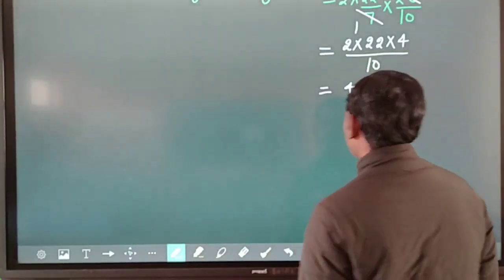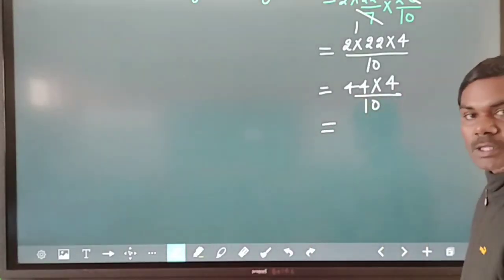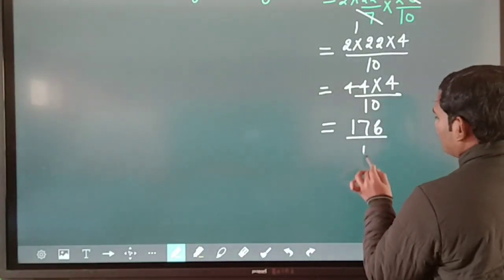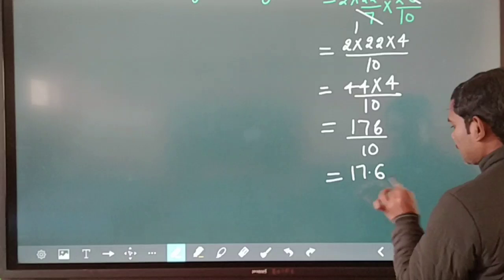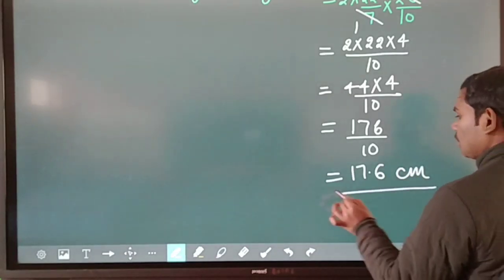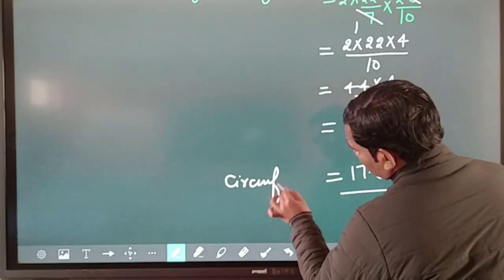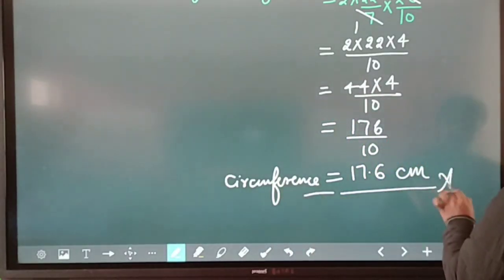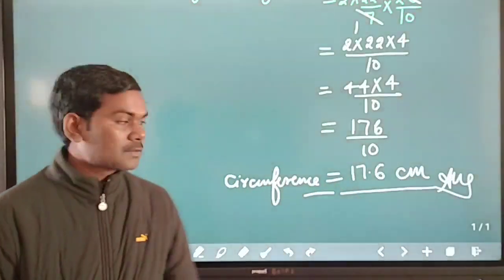When 44 is multiplied by 4, we get the product as 176 by 10, and after this we get 17.6 centimeter, which is the circumference. So this is the required result, and I hope it is clear.